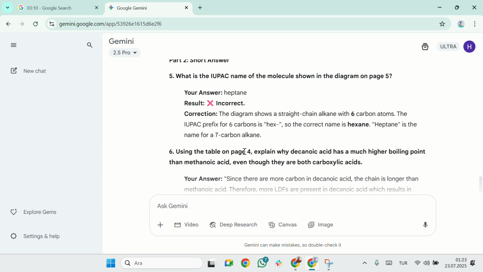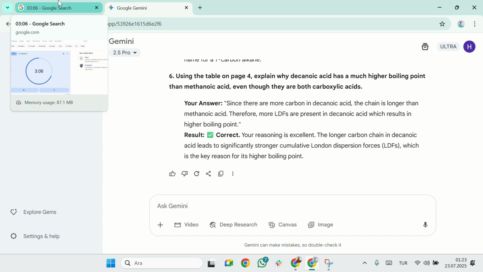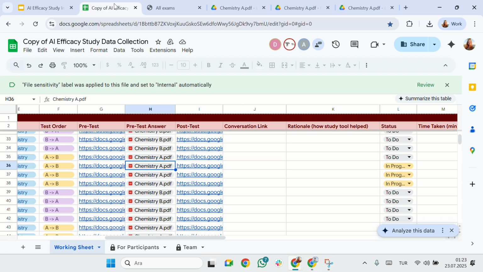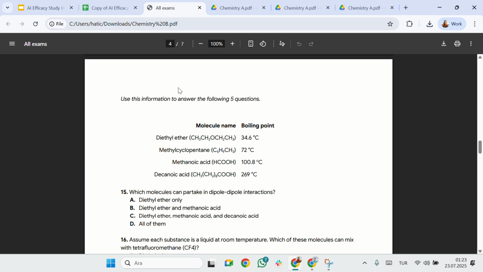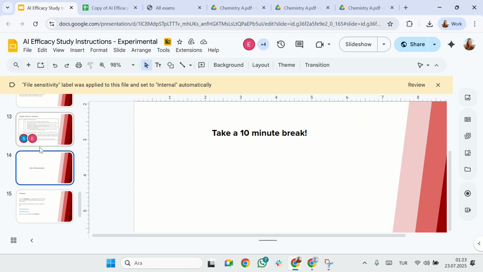Heptane's 7. Oh, okay. I get this now. Okay, I really understand it now. I have asked this. I think I don't need any breaks.